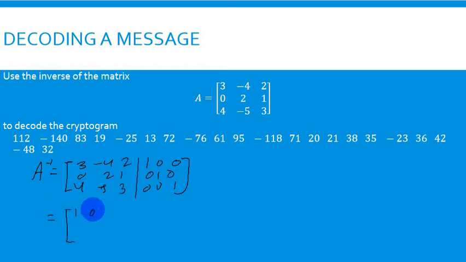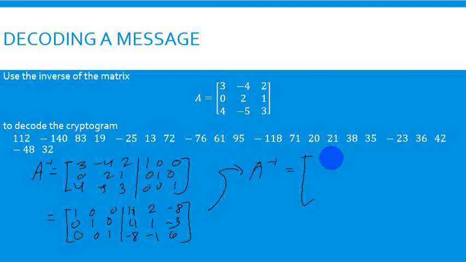So leaving that to our viewers, we're going to have our first row as 1, 0, 0, 11, 2, negative 8, 0, 1, 0, 4, 1, negative 3, then 0, 0, 1. This becomes negative 8, negative 1, 6. So this is telling us that the inverse of A is given by the matrix 11, 2, negative 8, 4, 1, negative 3, negative 8, negative 1, 6.